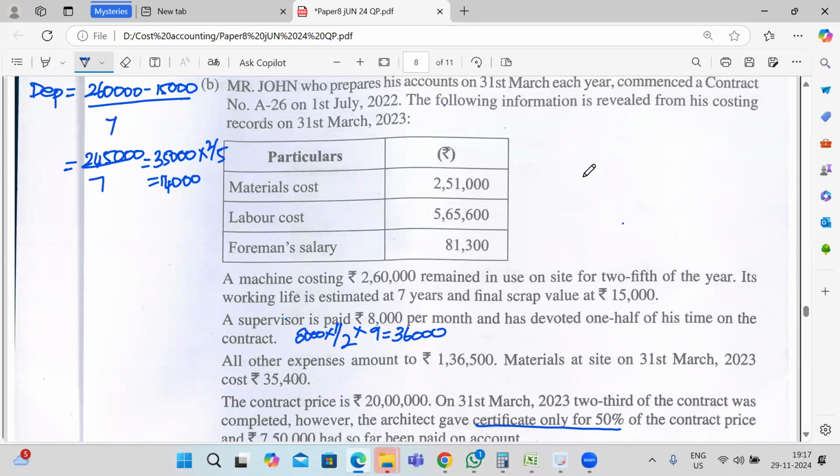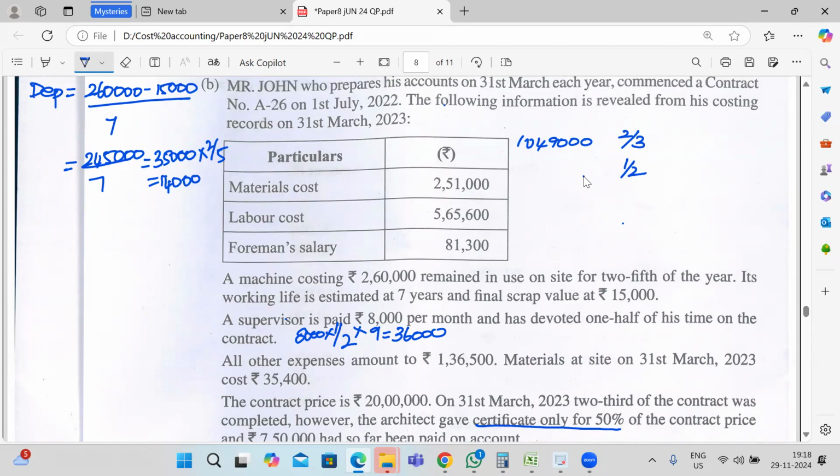One of the methods which I felt very easy is this: we have already calculated 10,49,000 as cost of construction, right? This is for 2/3 of the contract. Now they have given certificate for 1/2, that is half of the contract. Now I will see the difference between 2/3 and 1/2. That is my work uncertified, right?